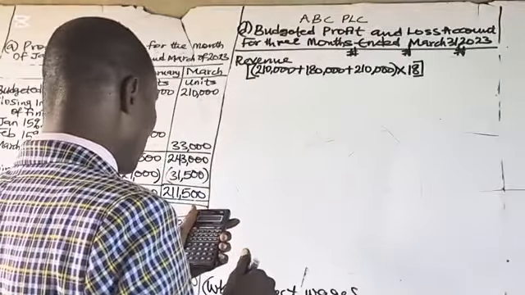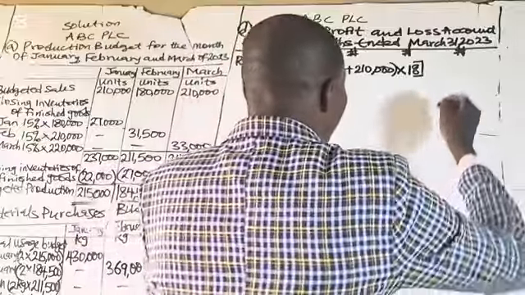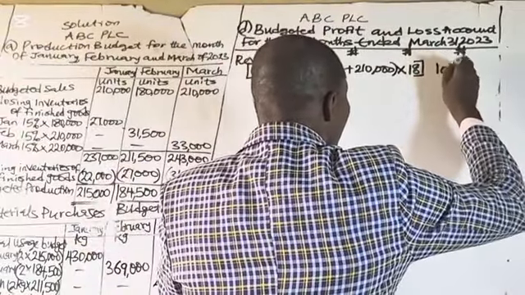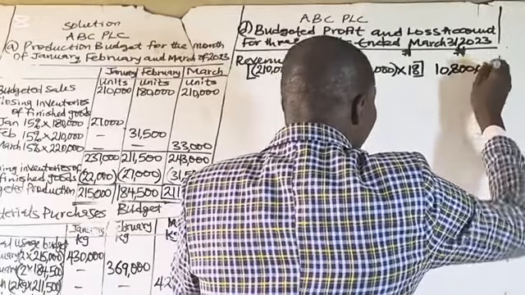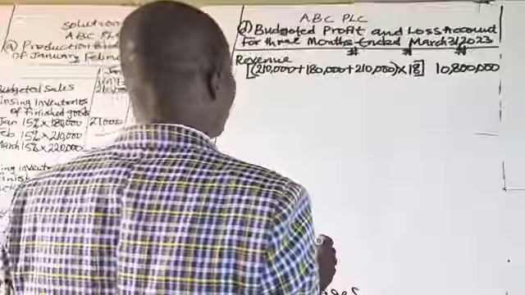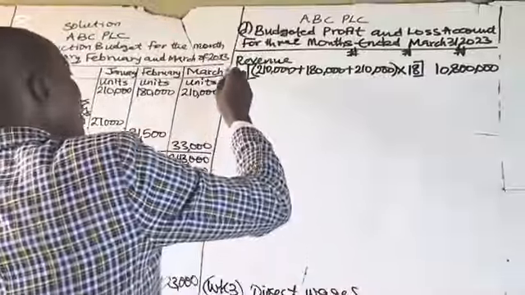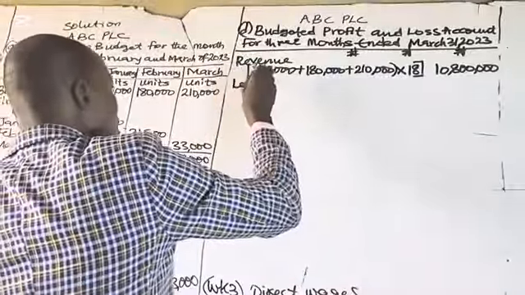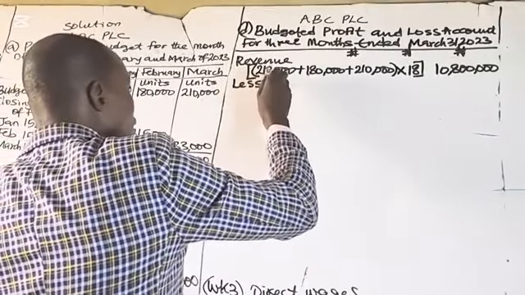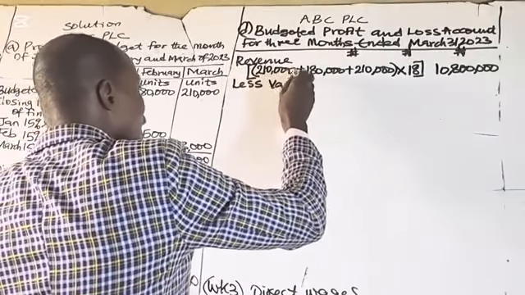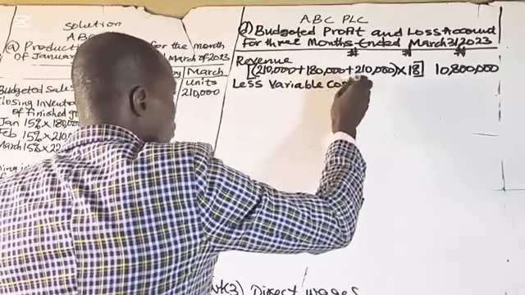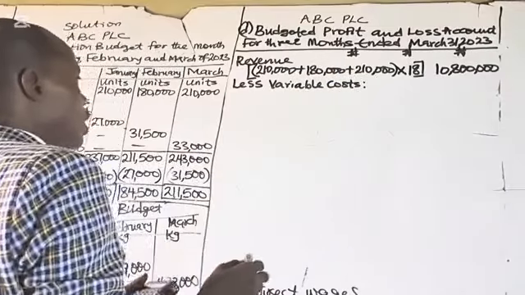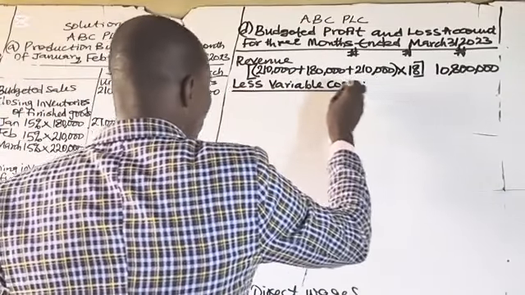We have 10.8 million naira, 10,800,000 naira. That is sales, less variable costs, or let's say less direct cost or variable costs. If you want to get contribution, you less variable cost.